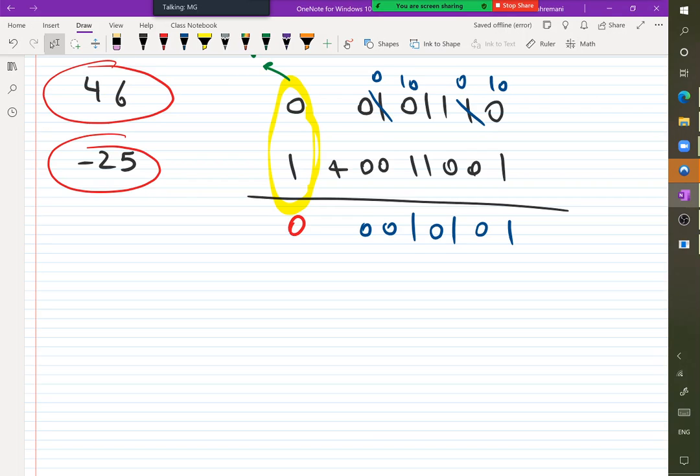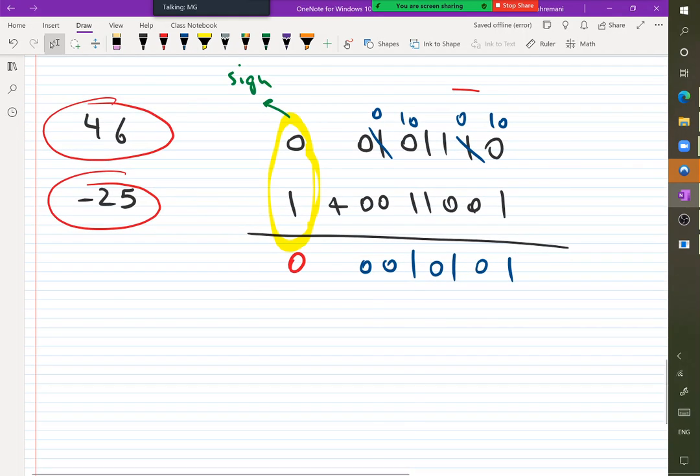Okay, some problems for this system. The first one was when we add 3 and negative 3, the result was not equal to 0. The second issue is that we need complicated hardware to perform the subtraction.